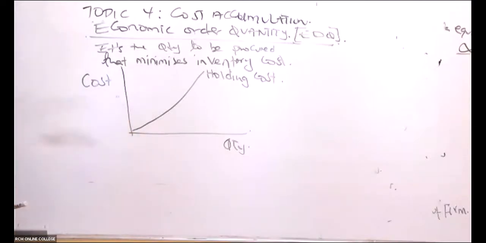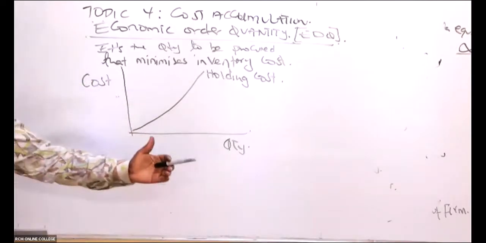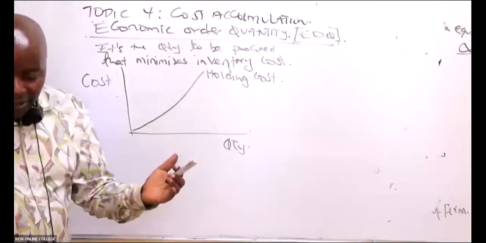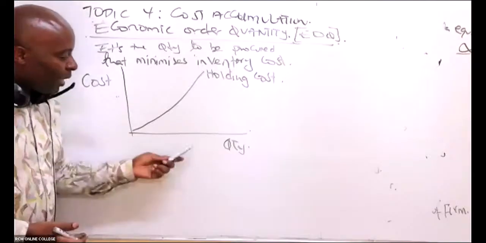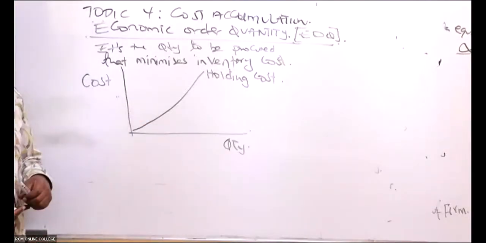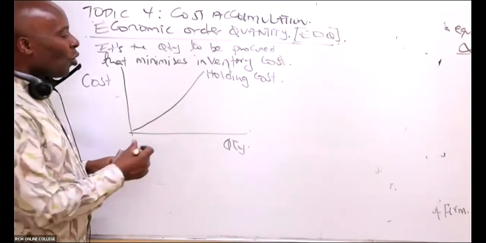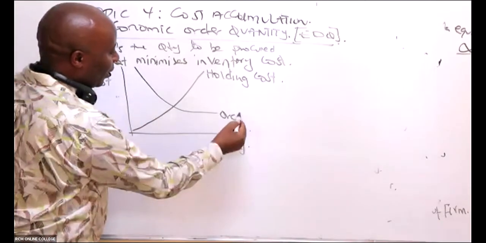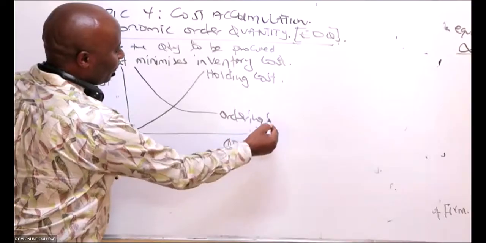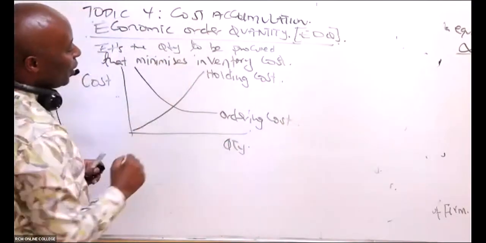The more you bring, the more space you need. The more space, the bigger the rent. And then we have what we call ordering cost. Ordering cost is normally inversely related. Ordering cost behaves like that.